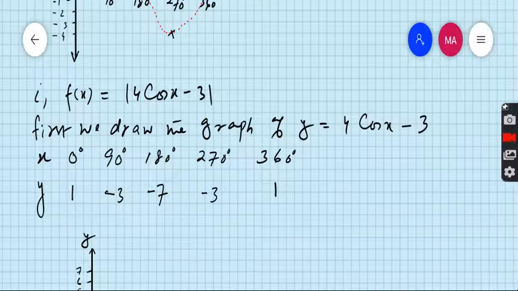Because the period is 360 degrees, we have to take a 90 degrees interval: 0, 90, 180, 270, 360. For x is 0, 4 cos 0 minus 3 is 1. For 90 degrees, we get minus 3. For 180 degrees, we get minus 7. For 270 degrees, we get minus 3. And for 360 degrees, we get 1.